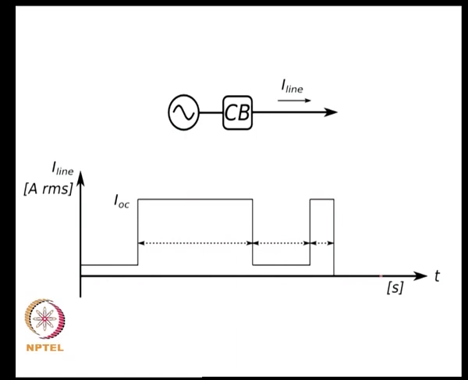So, if you look at an example of, say, an electromechanical type of relay or a circuit breaker, essentially the tripping action in such a breaker occurs when the electromagnetic torque generated by the tripping coil exceeds the restraining torque of the spring in the relay.